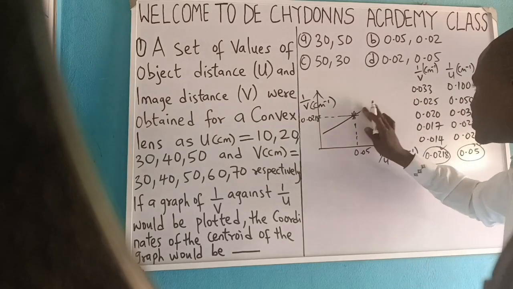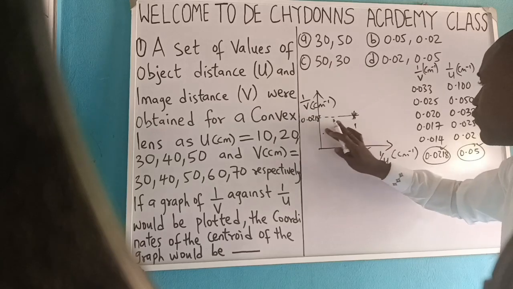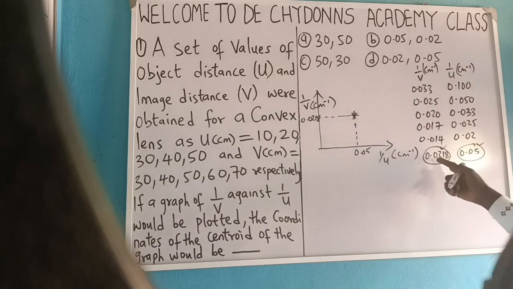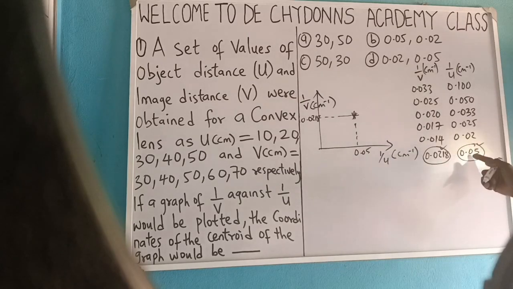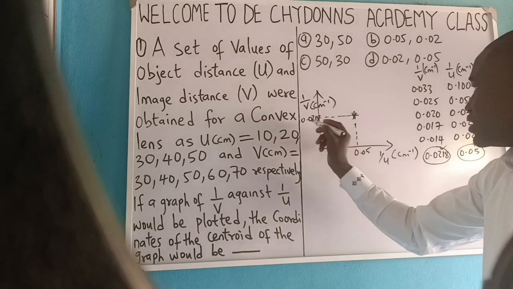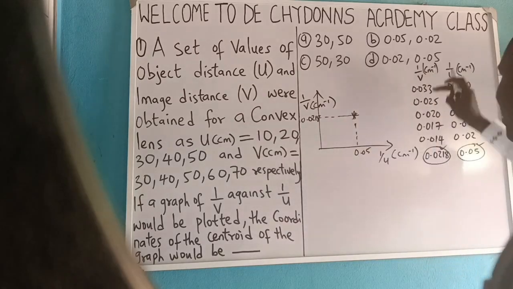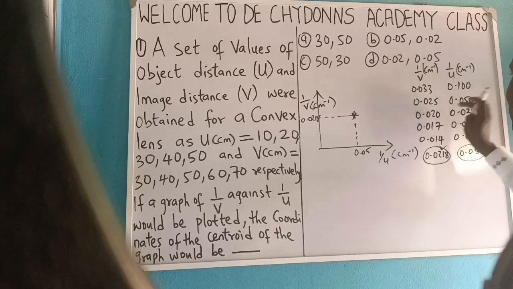That means before I draw it, I must get the mean of the vertical and the mean of the horizontal, get them on the graph sheet, and plot the other values, this against this.